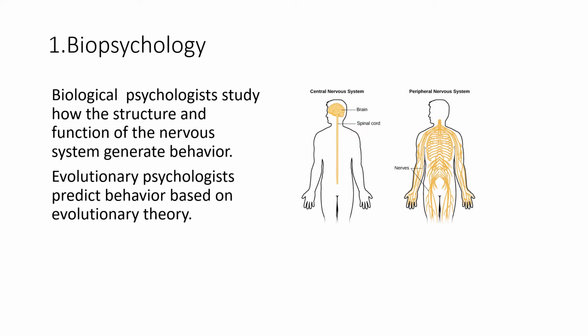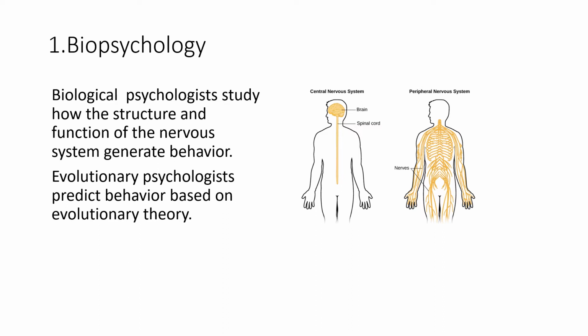Evolutionary psychologists are interested in studying behavior and how you can predict behavior based on evolutionary theory. If you'll remember, we started talking about this a little bit when we talked about William James. I would encourage you to go back in your book and read a little more about William James if you're not remembering from your readings what you've learned about him.